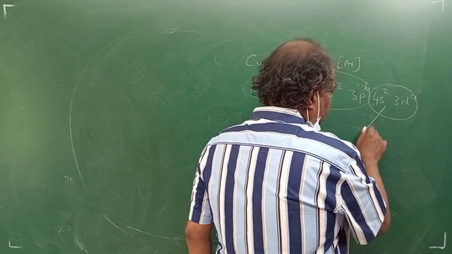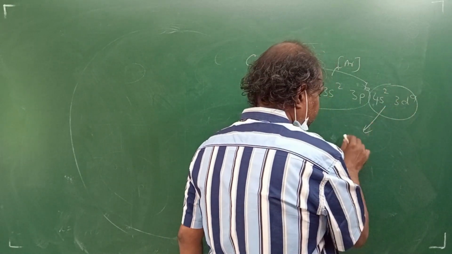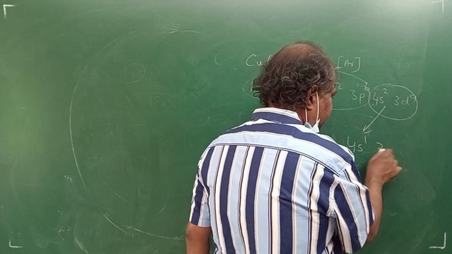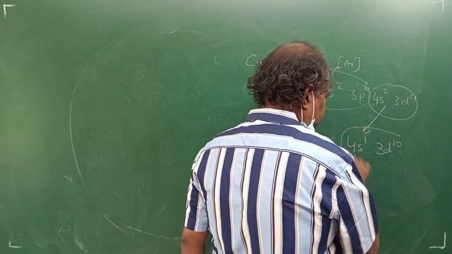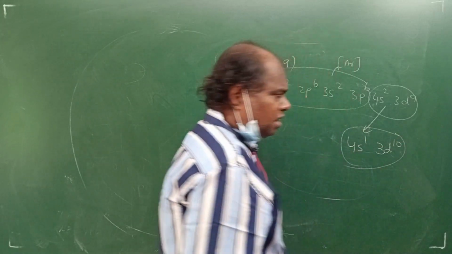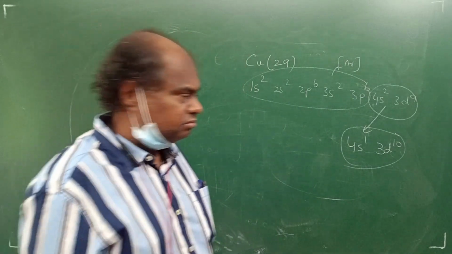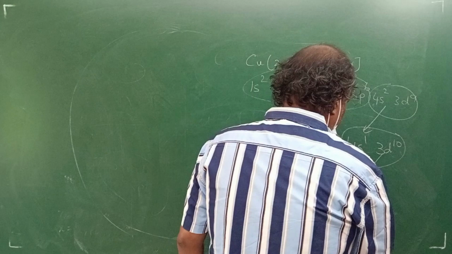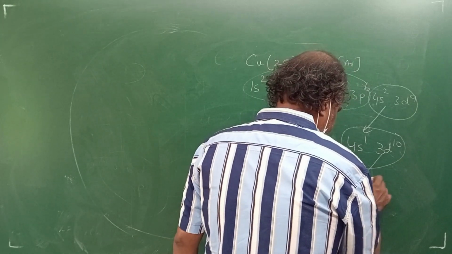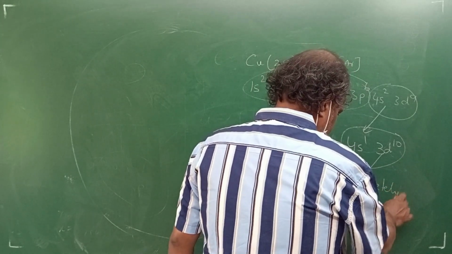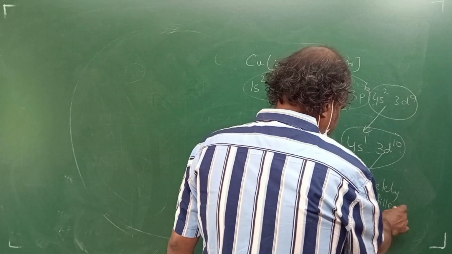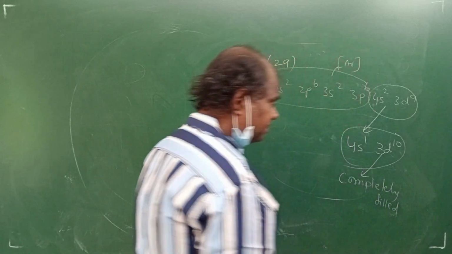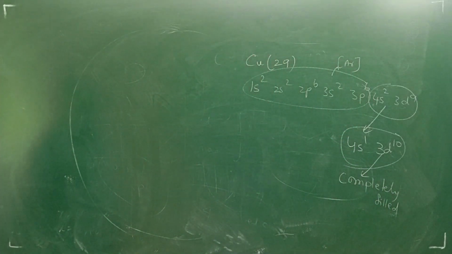Now, very, very important. Listen here. This is what we expect, but the correct answer is 4s1, 3d10. It will not be 4s2, 3d9. Why? Again, same logic. Completely filled orbitals are more stable. This is completely filled, 3d10, right? D can accommodate 10.